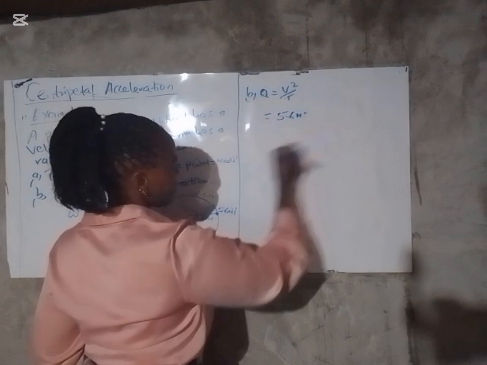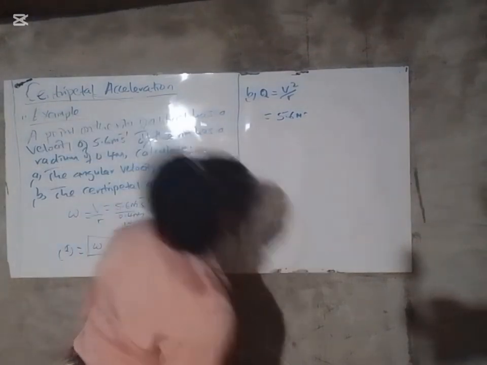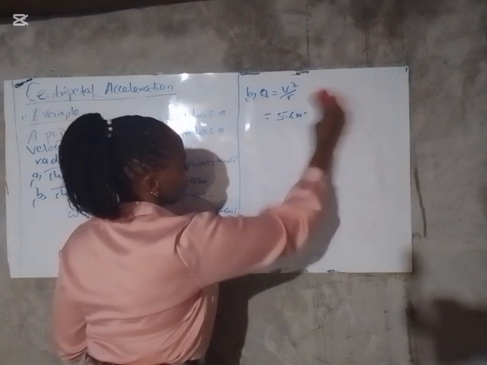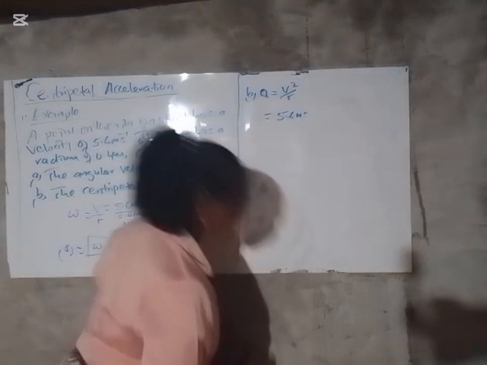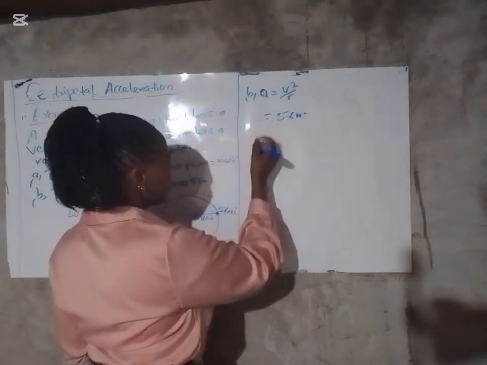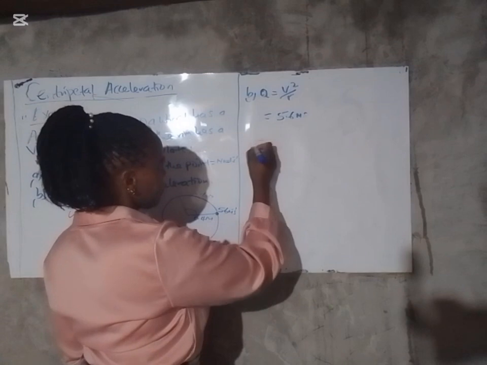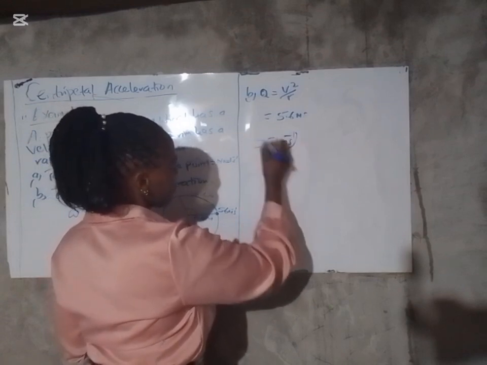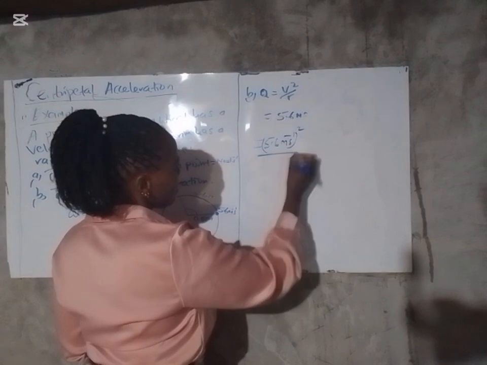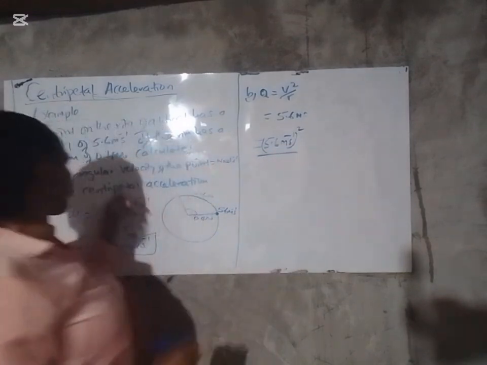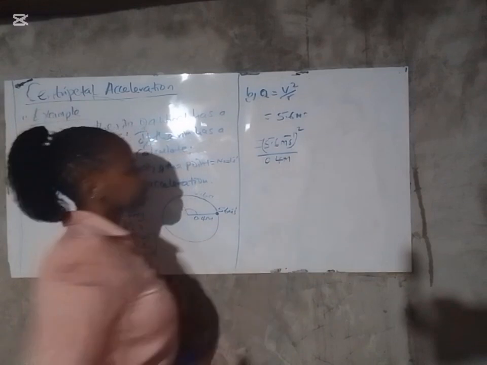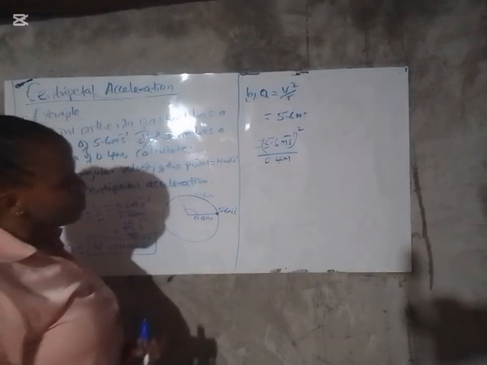It is moving at 5.6 meters per second, so it will be 5.6 meters per second, I square that, divided by r. R is 0.4 meters. So what do we have there?